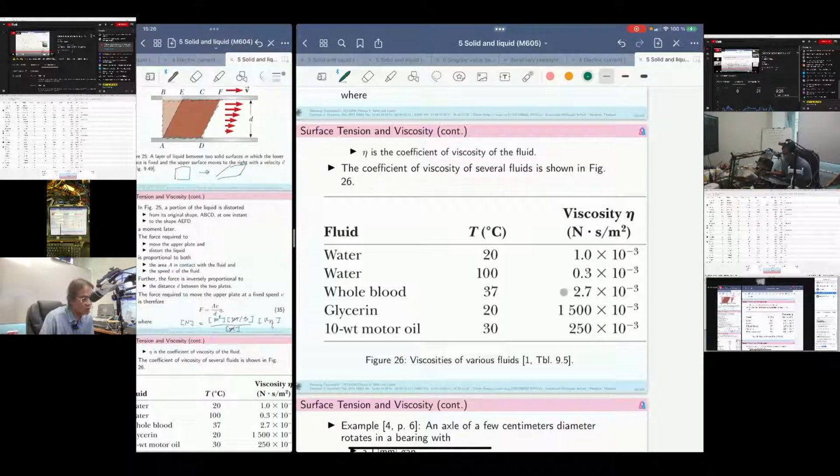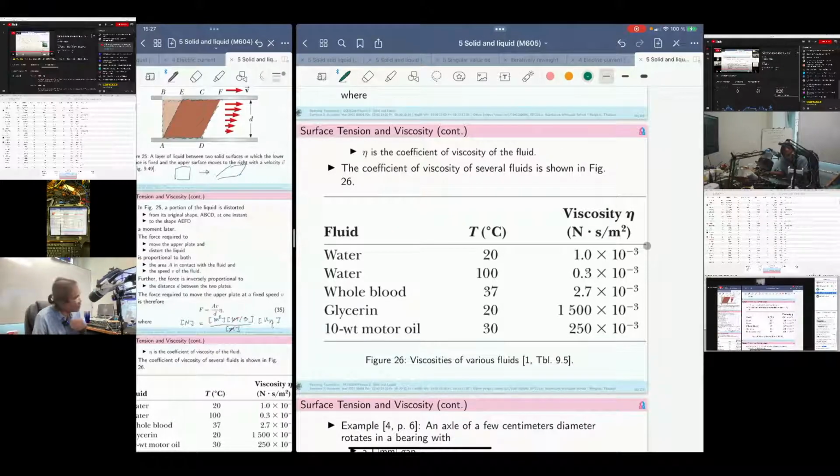So what is the meaning? Any fluid that has a high value of viscosity means that fluid would move with difficulty, with the flow rate and so on. For example, water at room temperature is 1/1000, right?